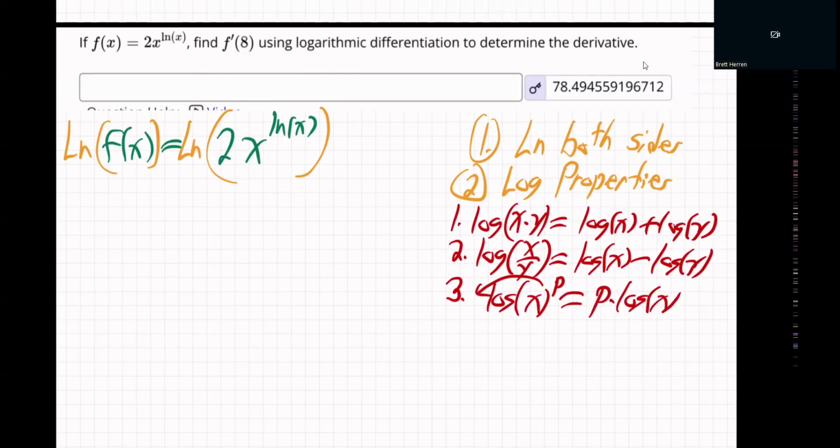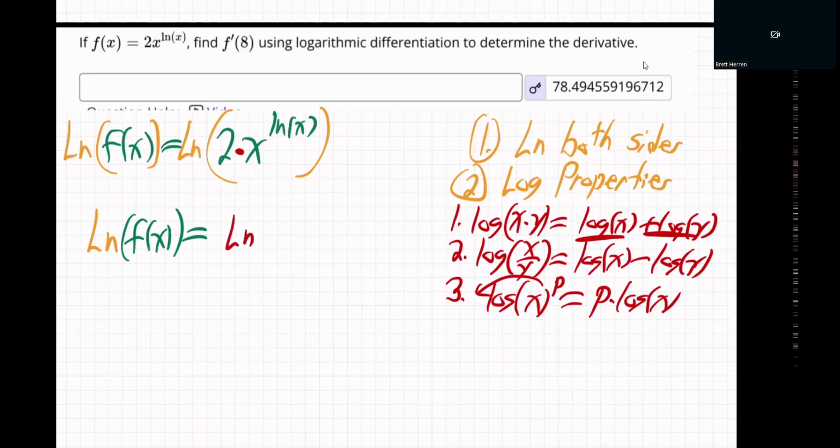Now the left side, there's nothing really going on there. There are no properties on the left side. It's just ln of f of x. But on the right side, we're going to use the properties. Let me be helpful. This is multiplied, right? So that's property one.